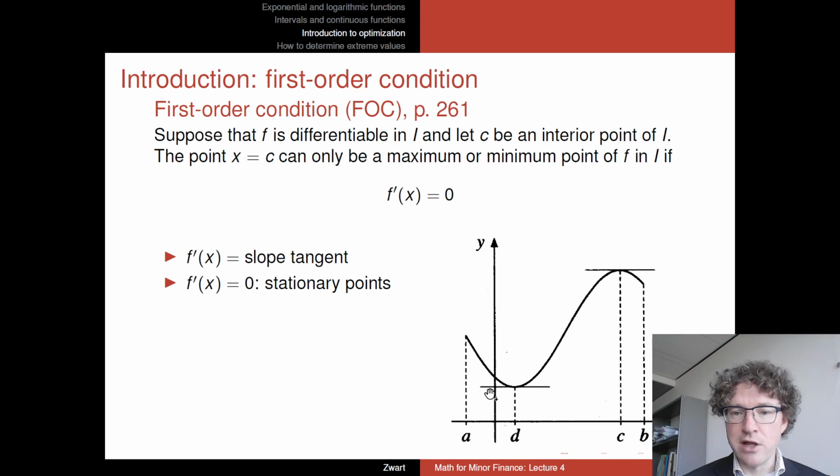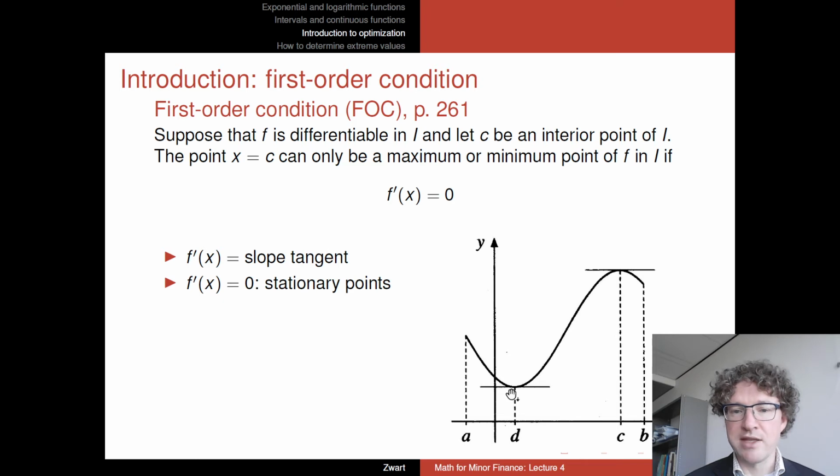The tangent line is actually flat. You can see that. So the tangent line in C is flat, and the tangent line in D is also flat. So what does it mean? If it's flat, its slope is 0. So in other words, the slope of the tangent line is 0. Then we know that the derivative of this function, f prime, is going to be 0 as well.